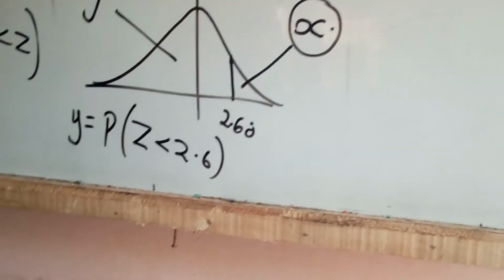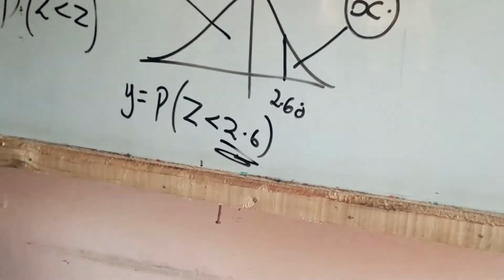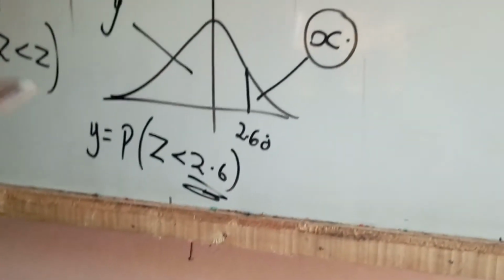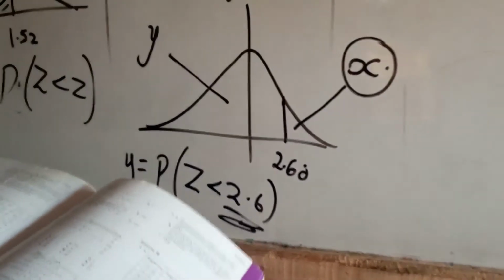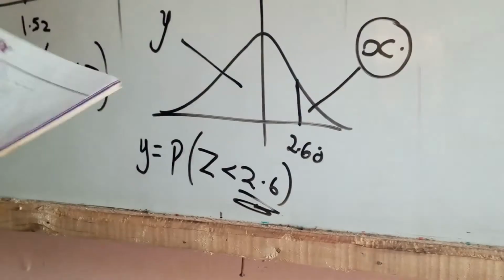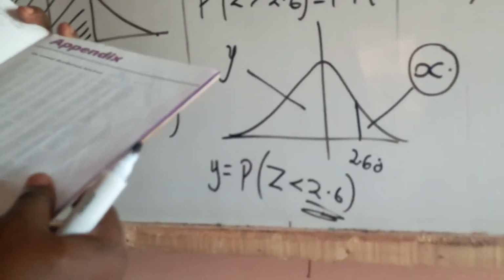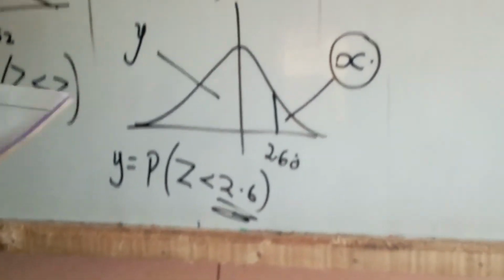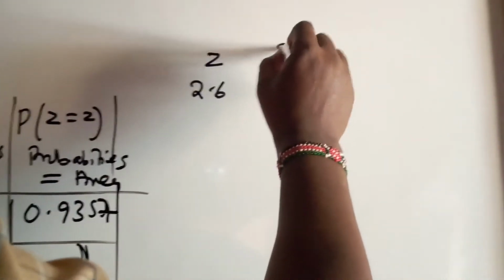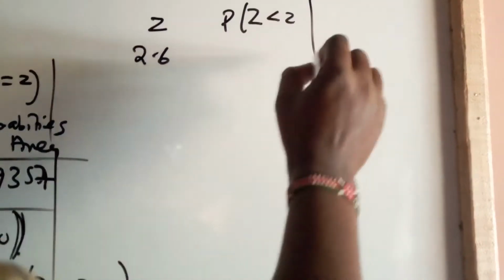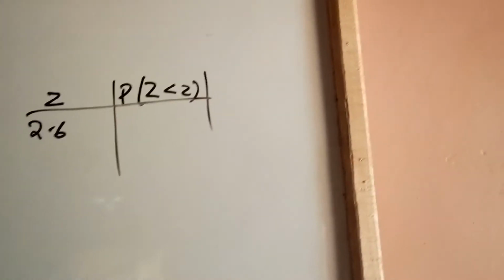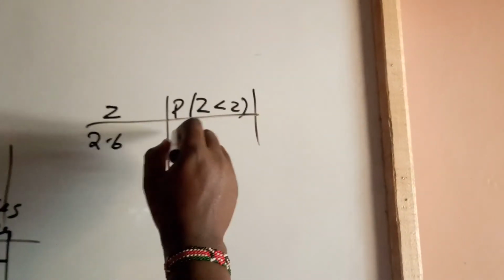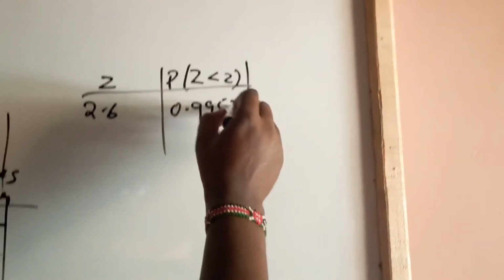And at that particular point, then we call upon page 201 and read our boundary being 2.6, and our area for 2.6 is 0.9953. When Z is 2.6, then the probability of Z less than Z is 0.9953.